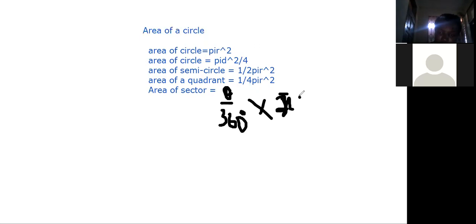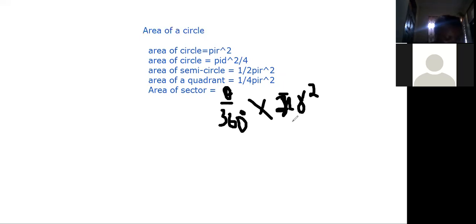The area of a sector is theta over 360 times the area of the circle, which is pi r squared.